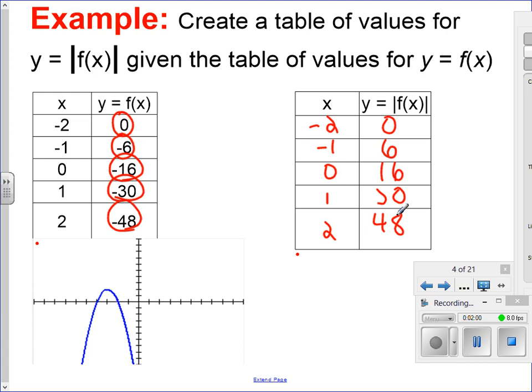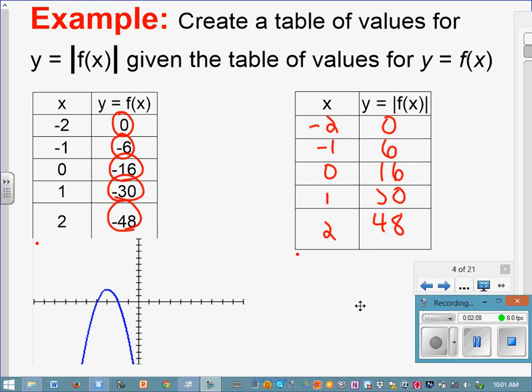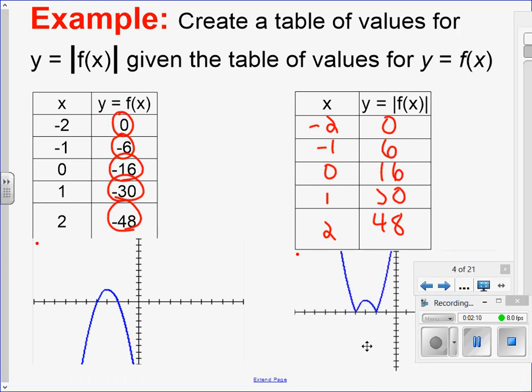So now I can take this table of values and generate the absolute value graph. All the x values stay the same, but you'll notice now the y values are all positive. So that's one way of graphing the absolute value of x, is by graphing the original function using the table of values and then coming up with the table of values for the absolute value.